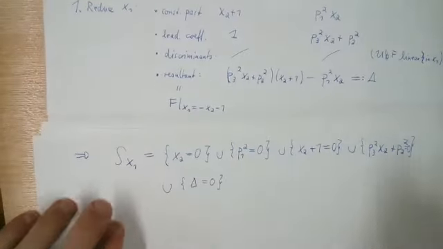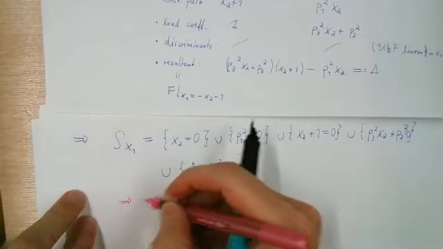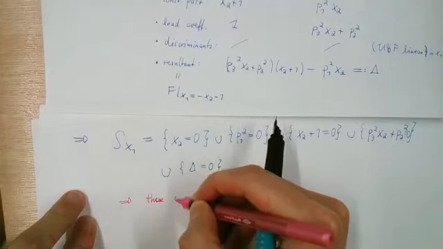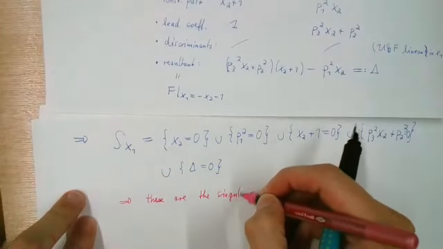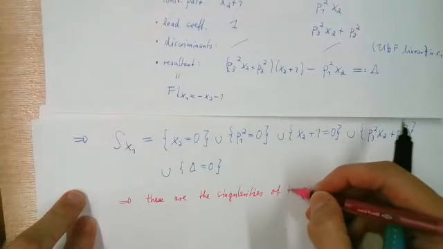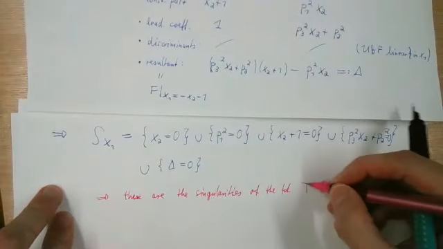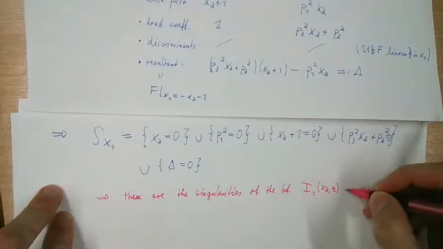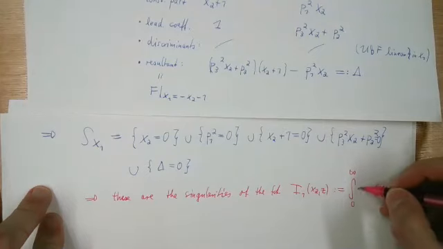Just to remind you, what is the meaning of the set? These are the singularities of the function, let me call this I1, which still depends on x2 and the kinematics, after you integrate out the first variable.